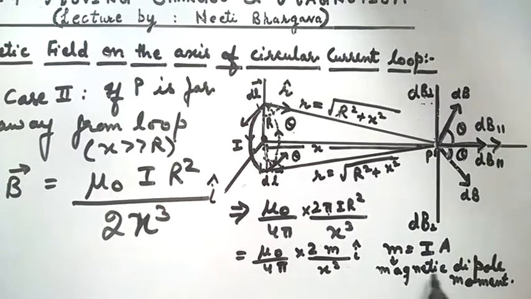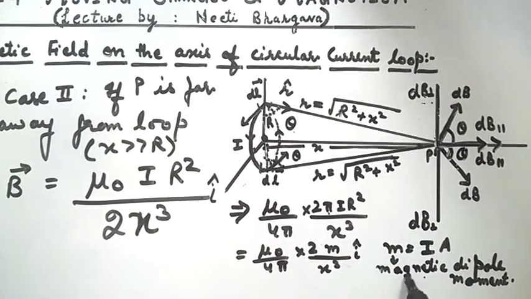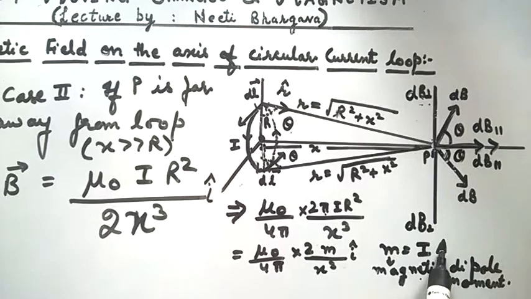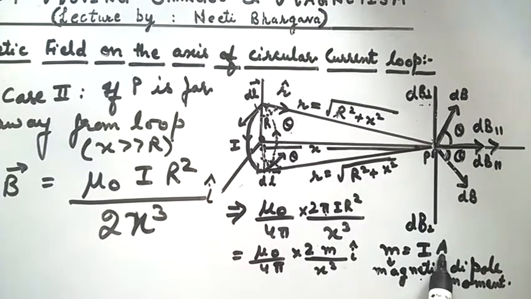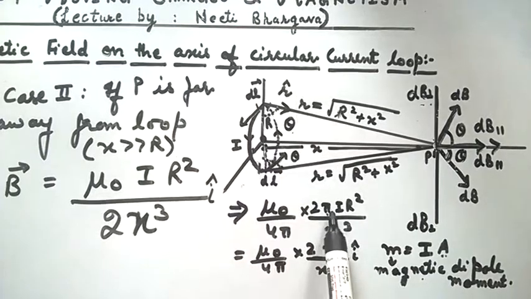This we will study in detail in chapter number 5. Magnetic dipole moment is small m, I into A, its unit is ampere into meter square, and the area of the circular coil is pi R square.